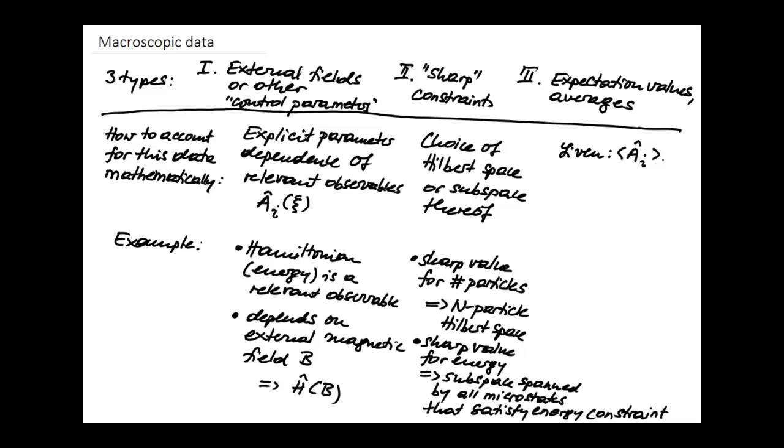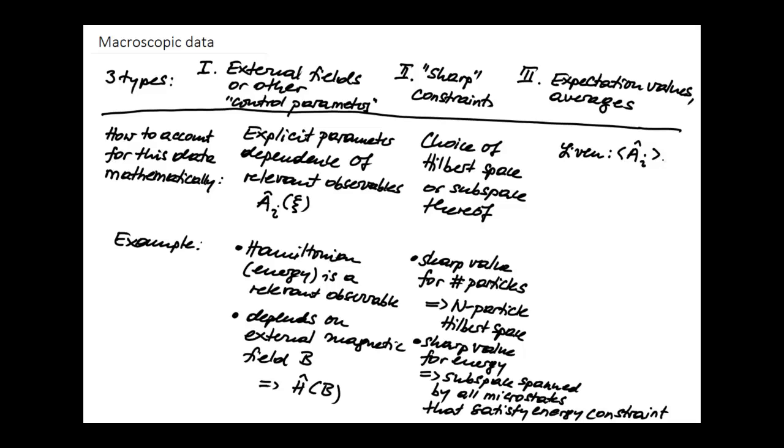And since we don't know precisely which microstate the system is in, this is certainly not going to be a pure state, but it's going to be a mixed state. We have to work with the density matrix. And we are faced with the problem that we have to choose a suitable density matrix that takes into account all our macroscopic information.